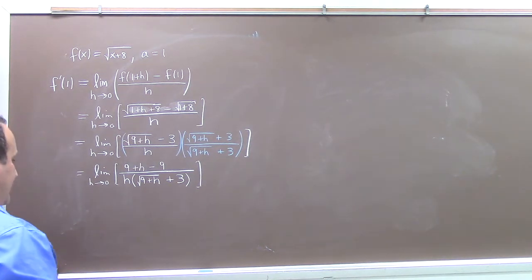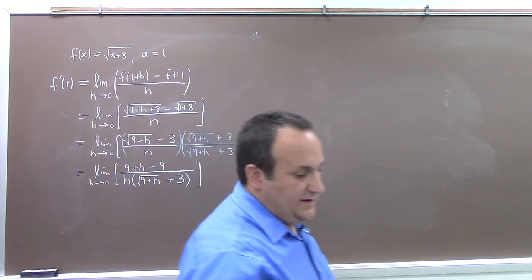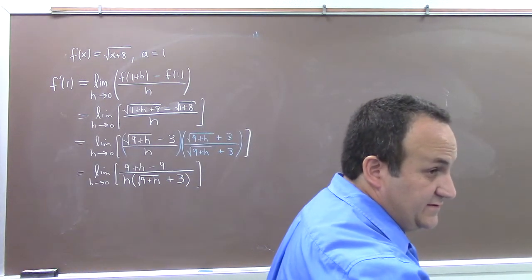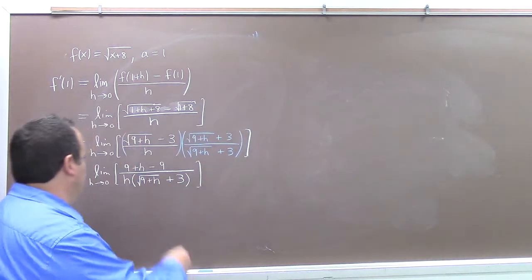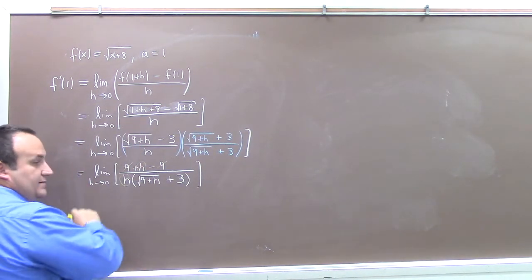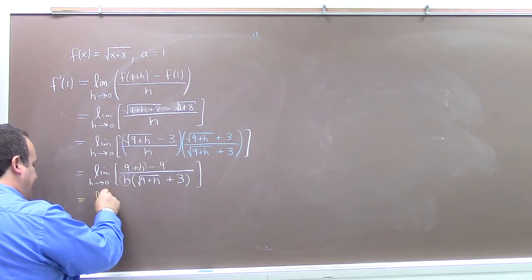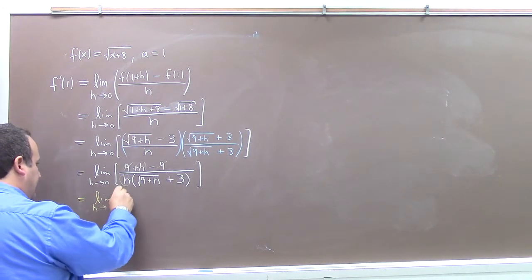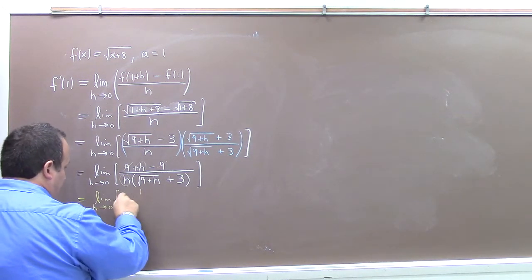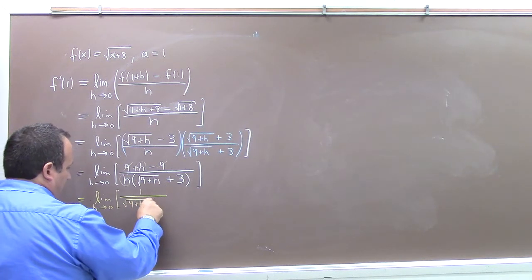And notice the 9's cancel, right? See that? Those 9's cancel. And then the h's reduce. See this? And then this guy and that guy cancel out. And we're left with the limit as h goes to 0 of 1 over the square root of 9 plus h plus 3.